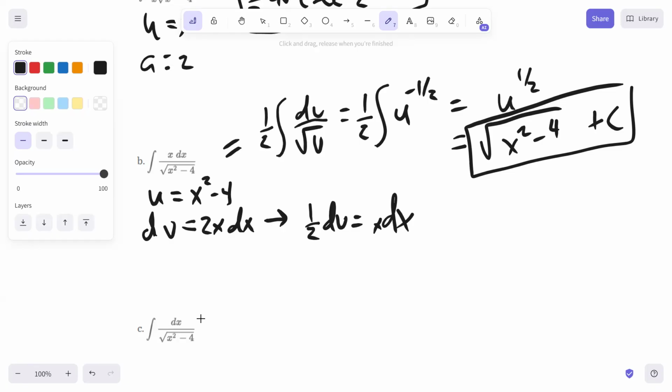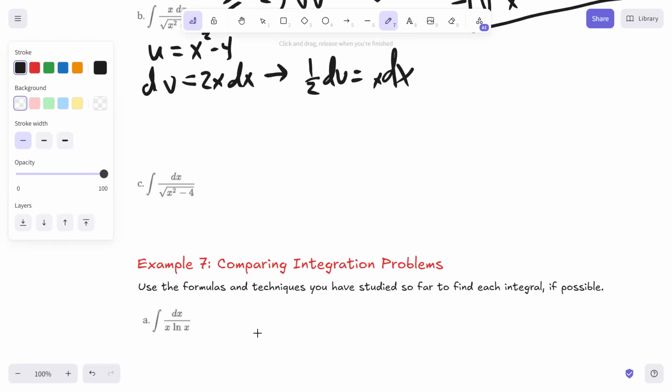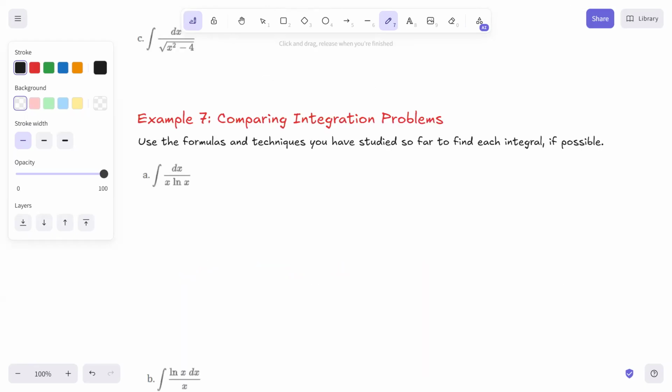So I know this can get kind of tricky because you always might have in the back of your head, well, maybe this is one of the ones I can't figure out. So let's look at a couple more just to get a little bit more comfortable with this. Here we have dx over x natural log x. It might look pretty complicated, but notice that this is actually the integral of 1 over x times 1 over natural log x dx. And 1 over x is the derivative of natural log x.